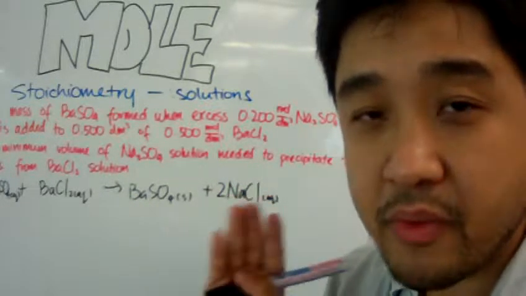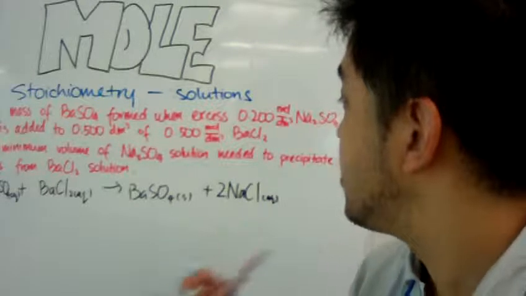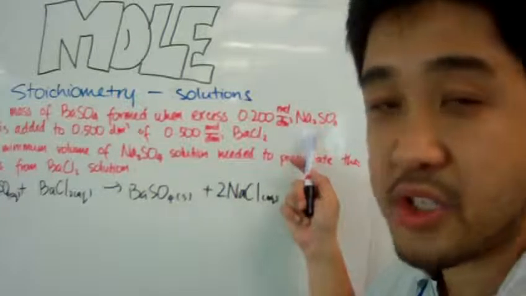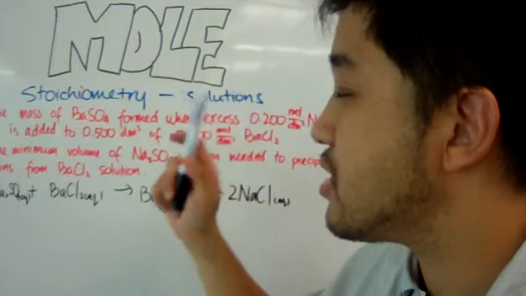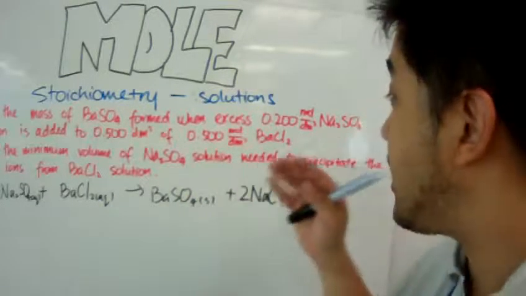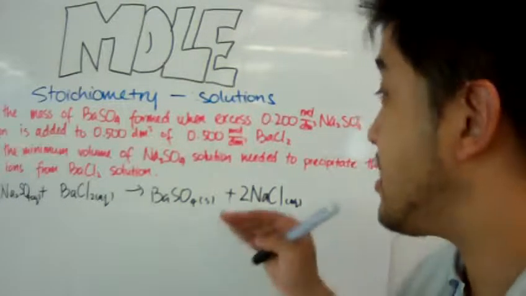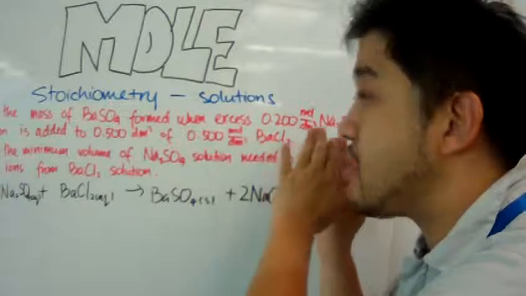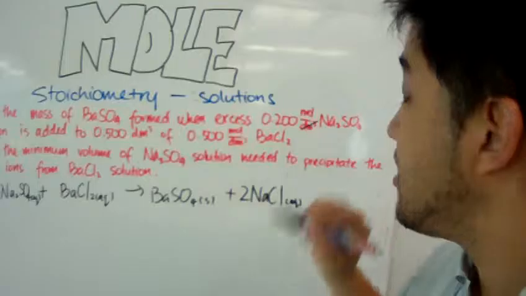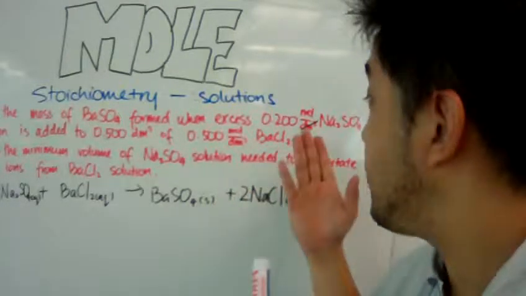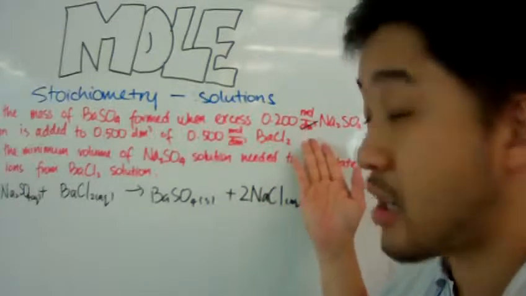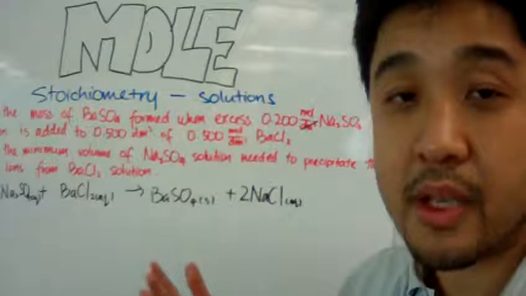Now, which set of information should we use? Should we use the information given for sodium sulfate, or should we use the information given for barium chloride? By looking at sodium sulfate, you can see we have limited pieces of information for that, because we cannot cancel out the unit of volume in the concentration of sodium sulfate.